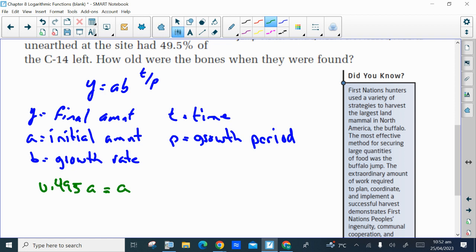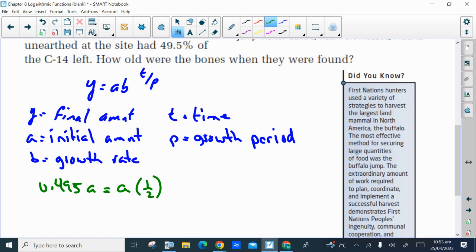You remember that whenever you're working with a percent, you change it to a decimal. Percent means a number out of 100. So 49.5% means 49.5 out of 100, which gives you 0.495. B is our growth rate, which in this case is a half, because the amount of carbon-14 is being cut in half every 5,730 years.